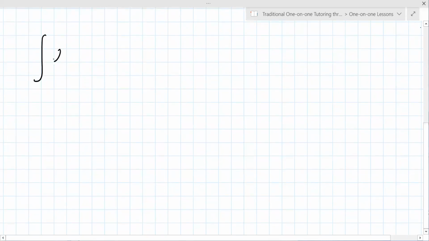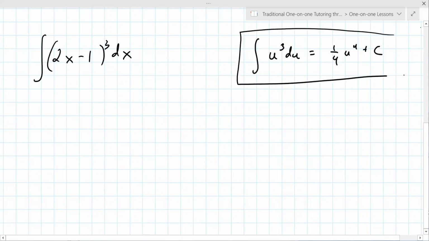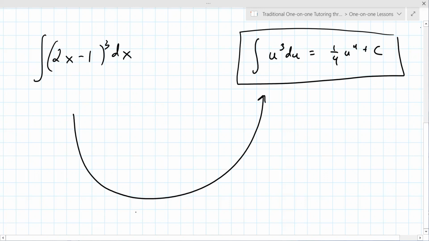You want to do the integral of (2x minus 1) to the power of 3 dx. You know the integral of u cubed du is 1/4 u to the 4th plus c. You know this. Yes. Okay, but the one on the left you don't know. So the idea is you're supposed to turn this one into this through a u substitution.